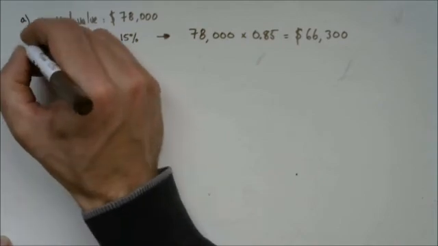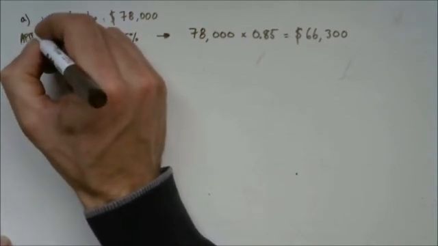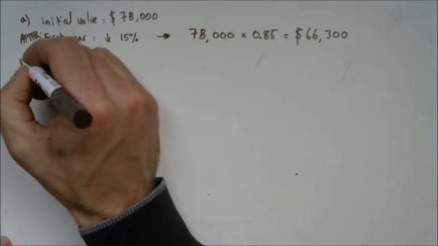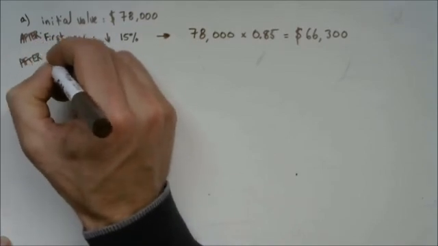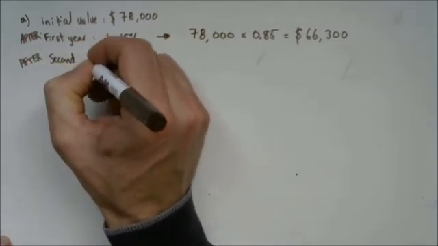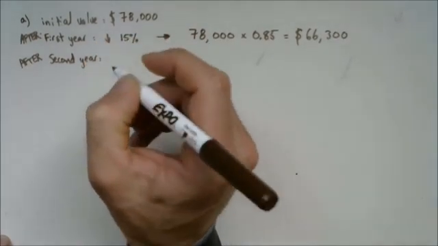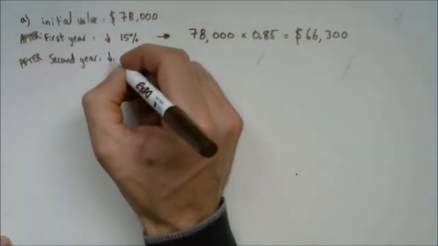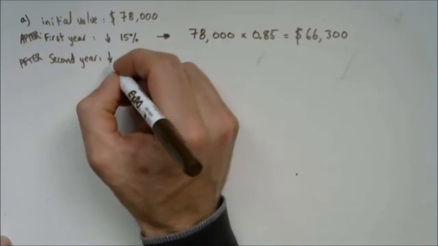Then I'll just put a big "after" the second year. What's happening in the second year? It's going to go down 4%.